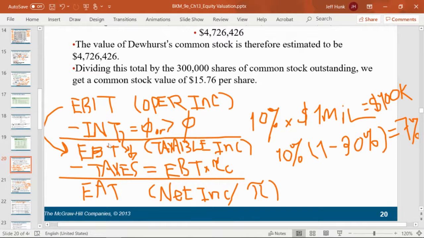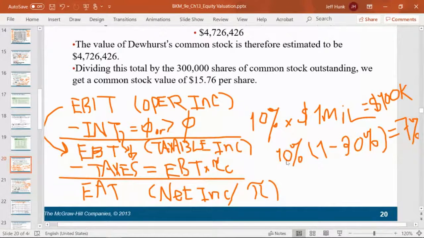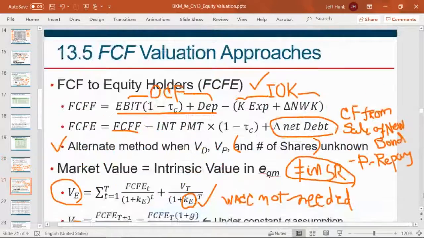If the entire EBIT is taxable, then you would have paid more taxes. But by having that interest deducted, EBT gets smaller, so you save on tax. That saving, in a way, not exactly, but partially cancels out 3% of this interest rate. Okay, that's the idea behind it.